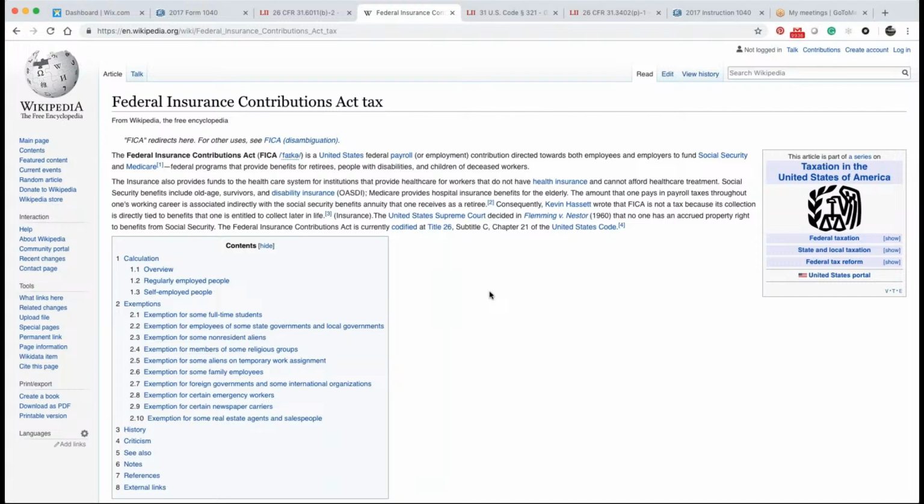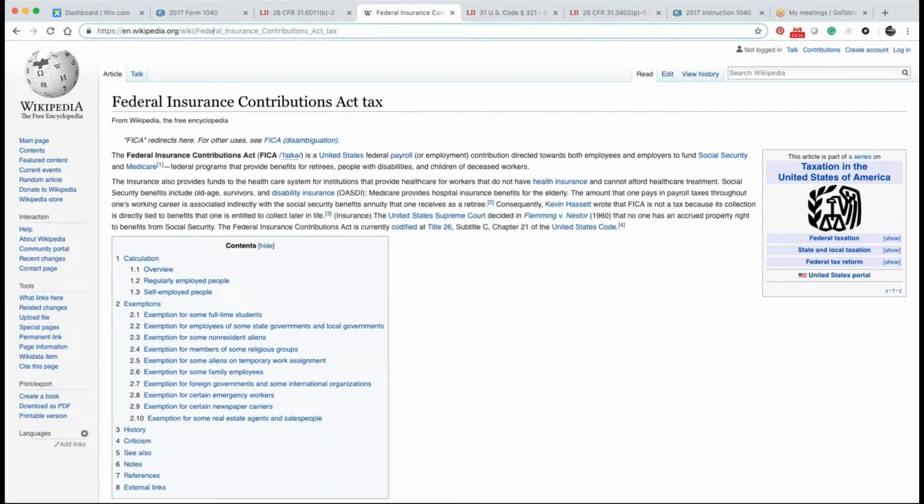So FICA is for retirement, people with disabilities, and children of deceased workers. Okay, so it's not just for retirement. You might know someone or have someone in your home that is disabled, and that's what that money is funding, right? And they said it's a contribution.